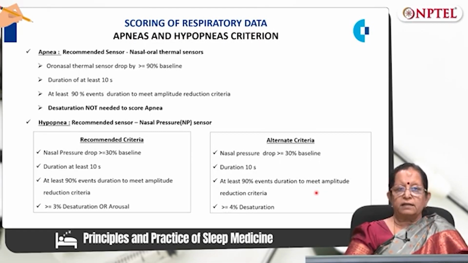Duration should be 10 seconds. At least 90% of the event duration should meet the amplitude reduction criteria. One difference is that the previous criteria said there should be more than 3% desaturation or arousal. Now the latest criteria says it should be only more than 4% desaturation.